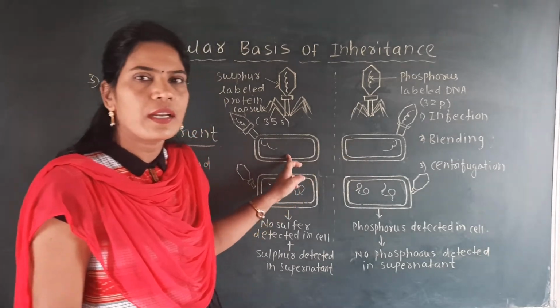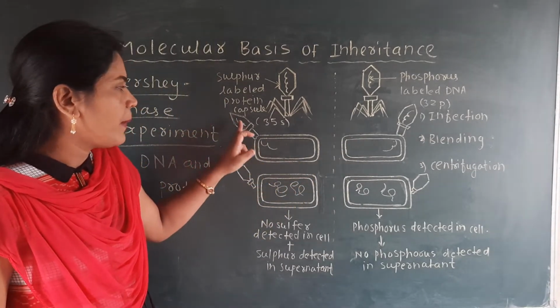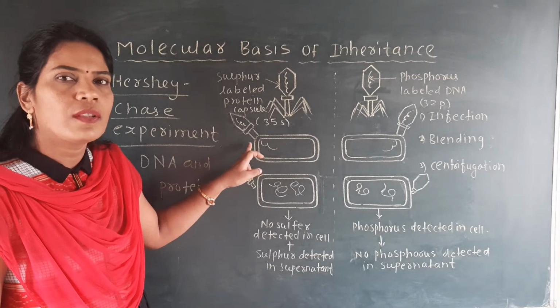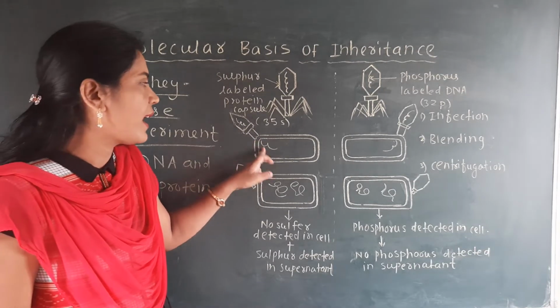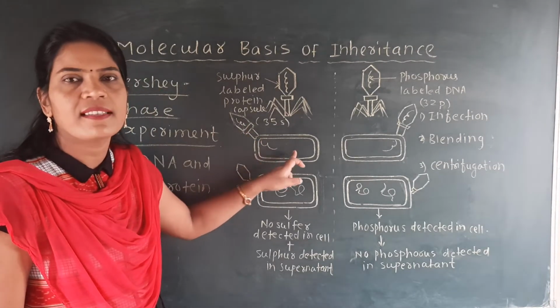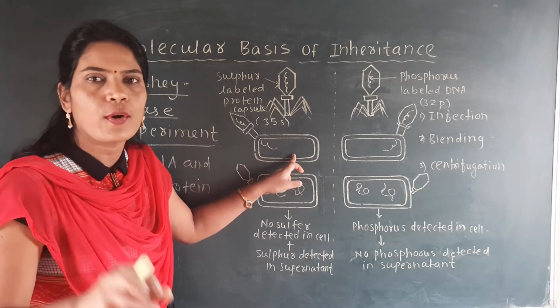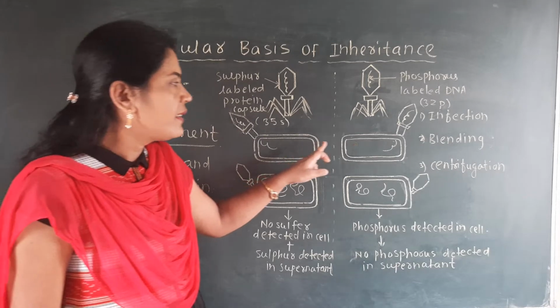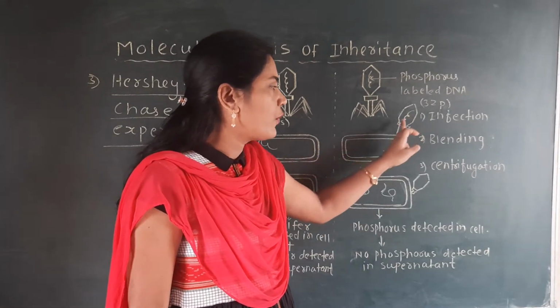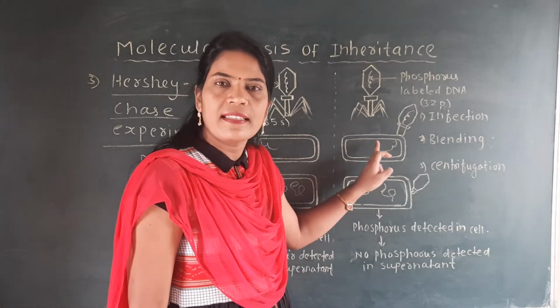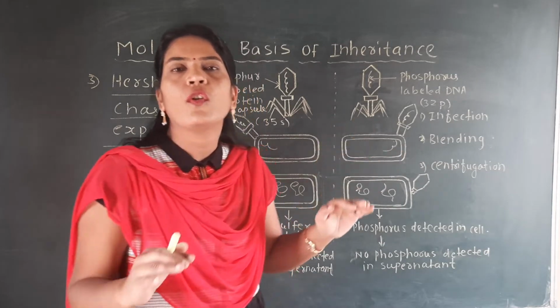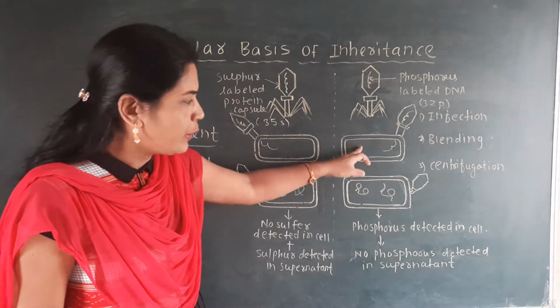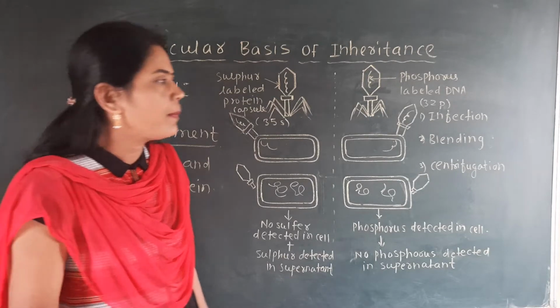In the next figure, this bacteriophage which attaches on the outer surface of the bacteria injects its genetic material inside the bacterial cell, but the whole body of the bacteriophage remains outside this bacterial cell. See here also, same: this bacteriophage injects its genetic material inside the body of bacteria, but the bacteriophage does not enter into the body of bacteria, it remains outside.